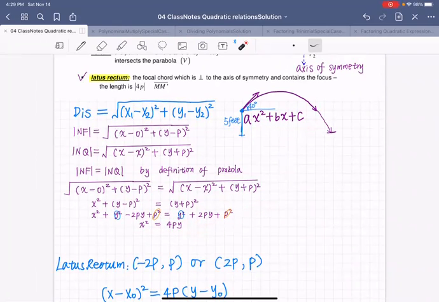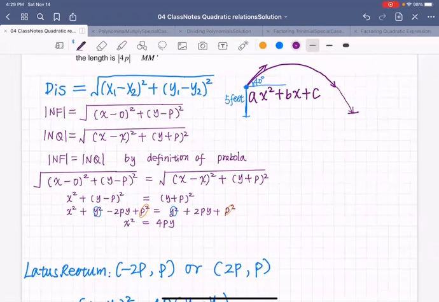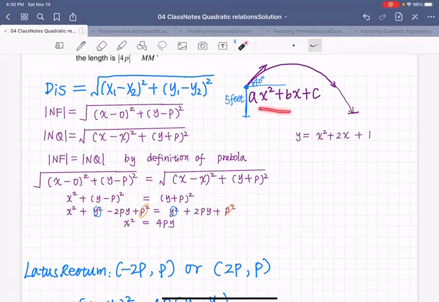Now, you might wonder how we can change that kind of format to this kind of format. Let me explain this. For example, our old parabola function is y equals x squared plus 2x plus 1, right? That's our original shape.